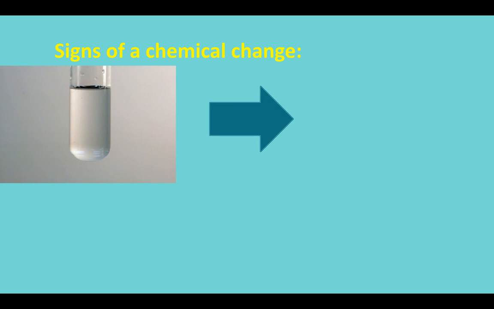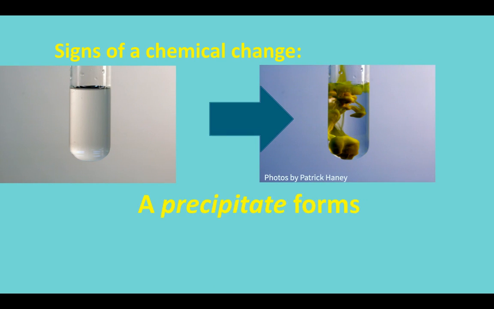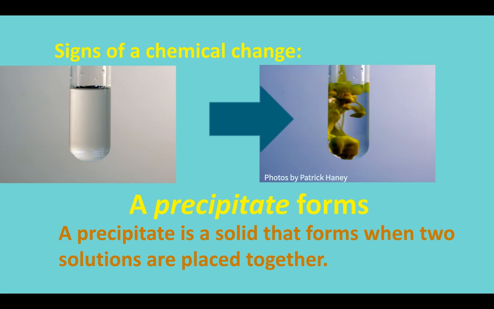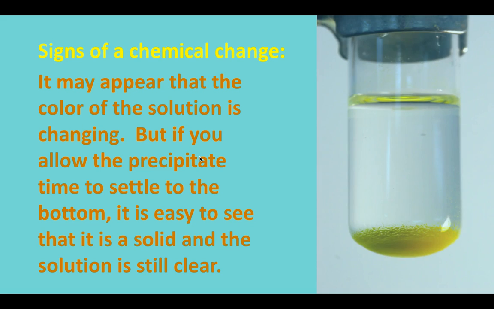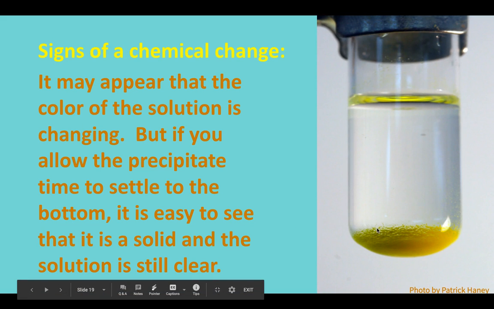Next, we have a liquid being poured into another liquid and we have a precipitate forming. Now when we see this, the first thing that we think is, oh, we changed the color. The change in color is definitely one of the most obvious ones, but what happens when a precipitate forms is that you have two liquids that are coming together and a solid is forming.